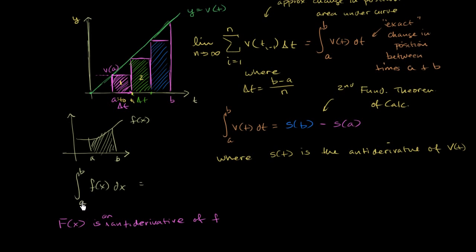You subtract the antiderivative evaluated at the starting point from the antiderivative evaluated at the endpoint. So you get capital F of b minus capital F of a. So if you want to figure out the exact area under the curve, you take the antiderivative of it and evaluate that at the endpoint, and from that, you subtract the starting point. So hopefully that makes sense. In the next few videos, we'll actually apply it.